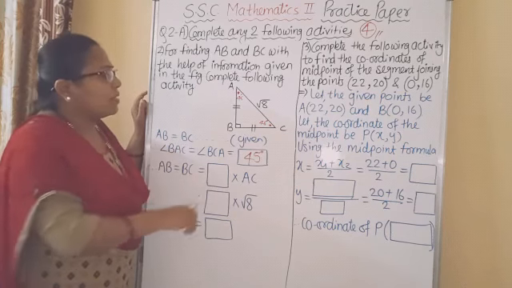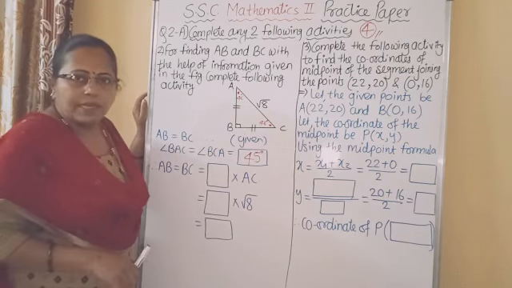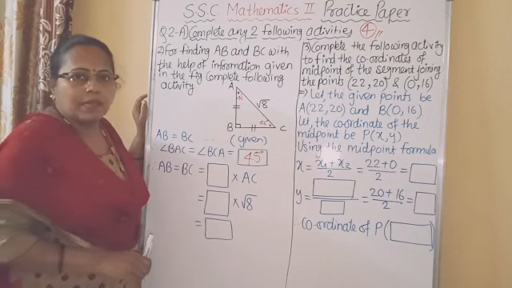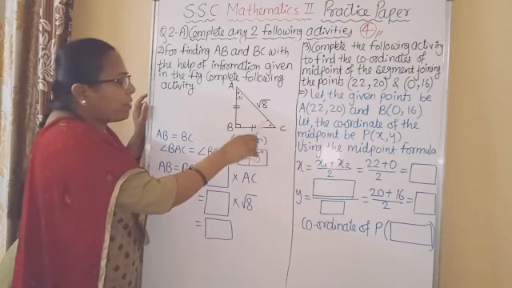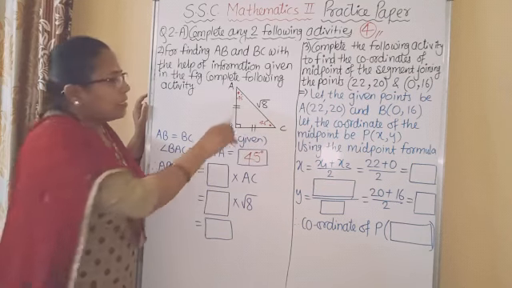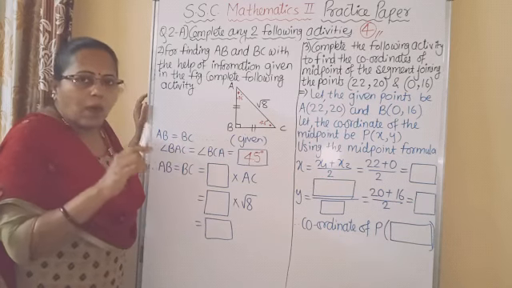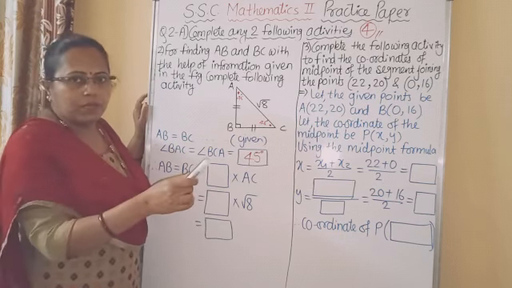So we have to follow here the 45-45-90 degree theorem, which you already studied in 9th standard. The statement of the theorem is, in a right angle triangle, if the angles are 45, 45, 90 degree, then the side opposite to 45 degree is 1 upon root 2 into hypotenuse.